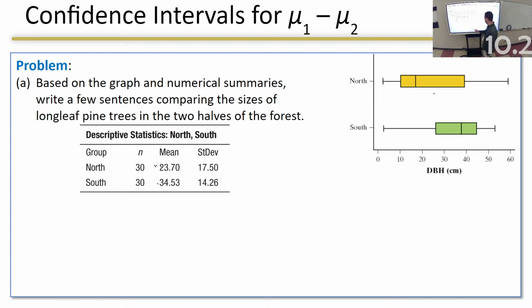The standard deviation comes from here. Any one of those three describes the spread. You don't have to talk about all three, just one of them, and you could just say spread. The spread is larger for the north than the south. The variability is larger for the north than the south.